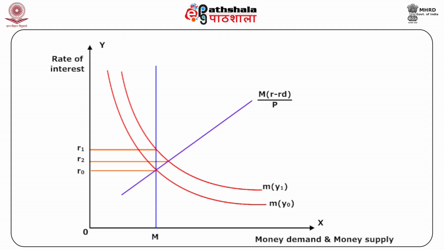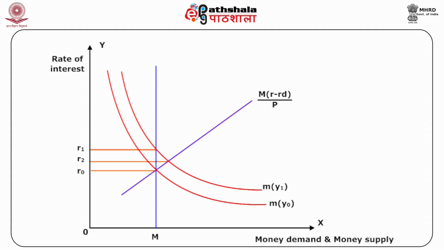Now, let us consider a new situation where the money supply has expanded, but the nominal money supply remains the same. It is the real money supply which has expanded, and this is not because of either the price level or the nominal money supply.